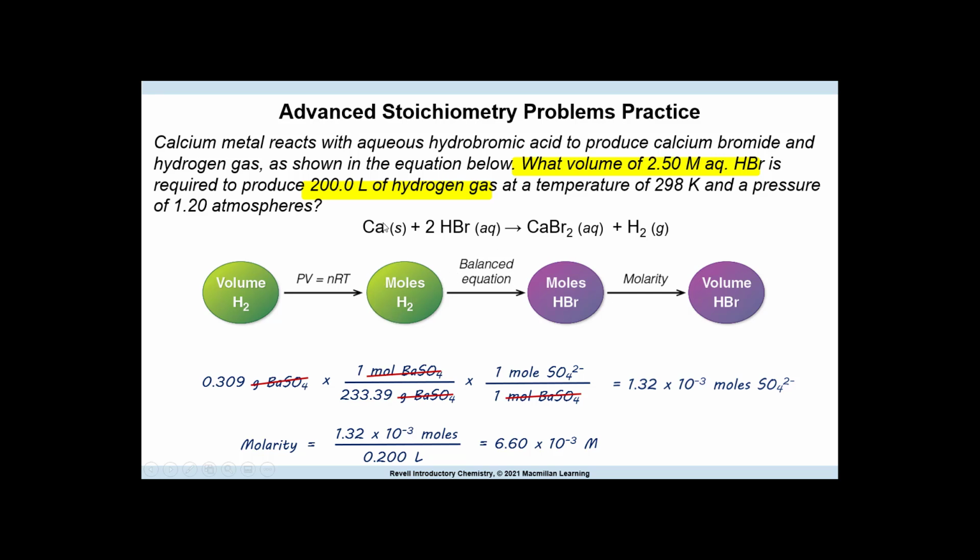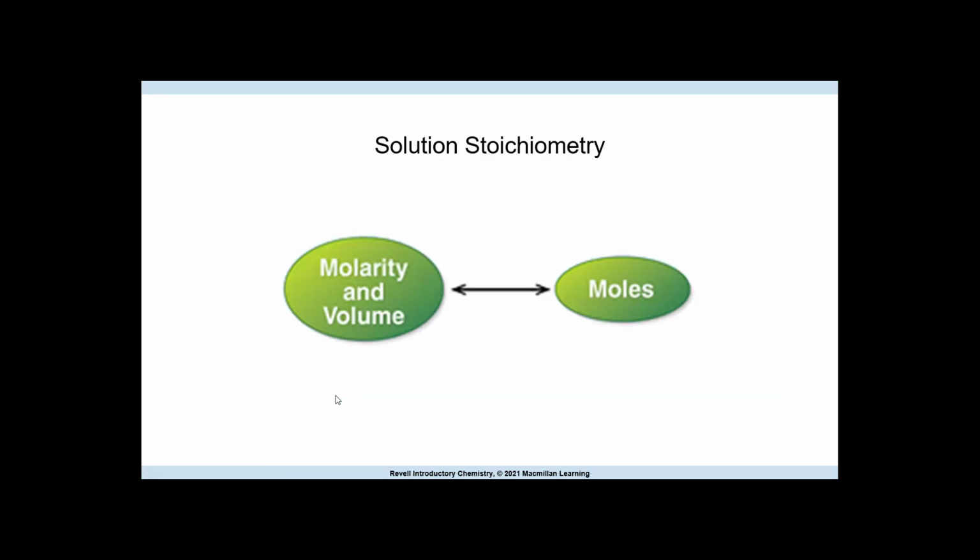We use the balanced equation, which is just dimensional analysis stoichiometry now, to determine, once we have the moles of H2, we can figure out the moles of HBr. And then from there, using the molarity equation, it will cancel out the moles and leave us the volume. I will fix all of this down here to show exactly what I'm talking about. Sorry about that. I didn't catch that.